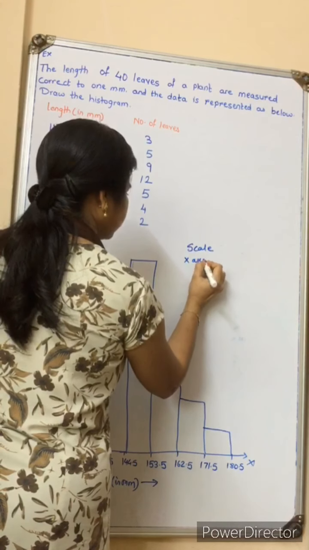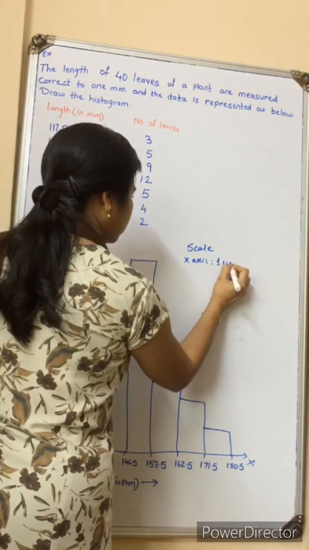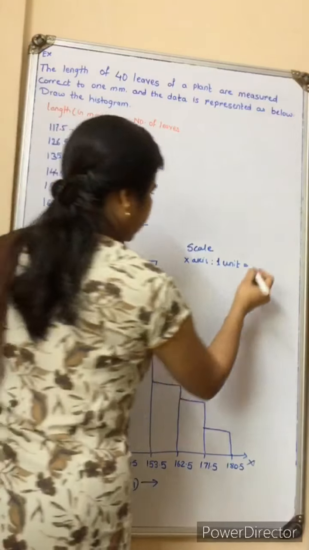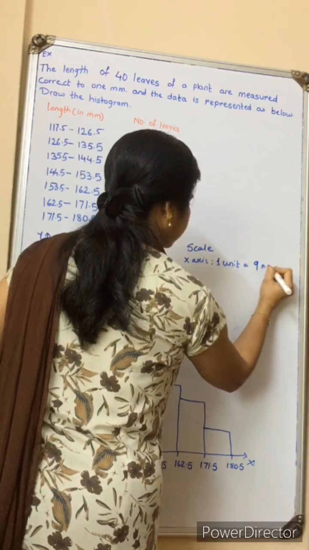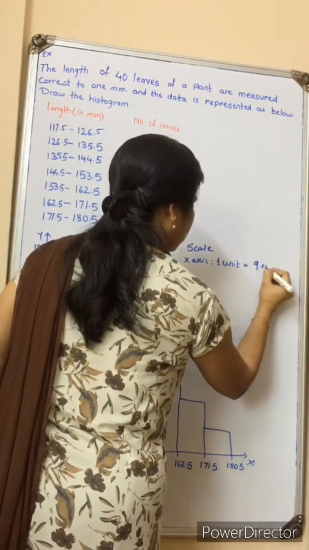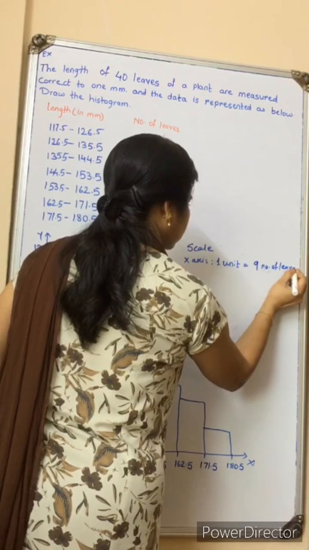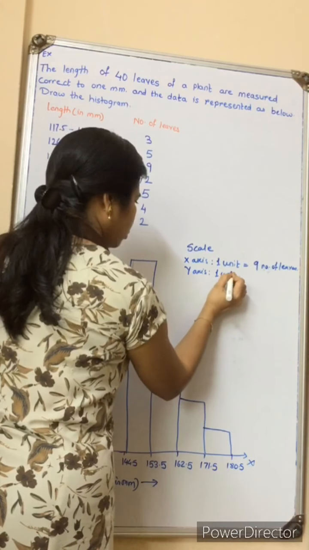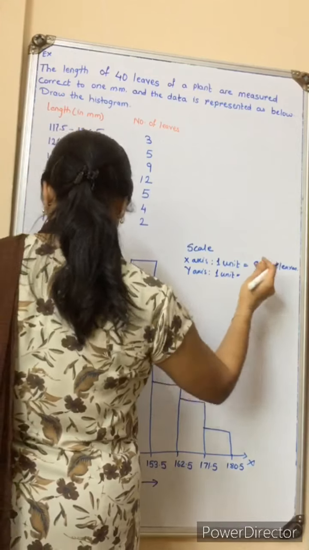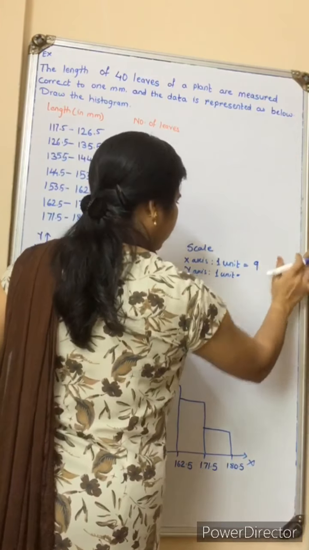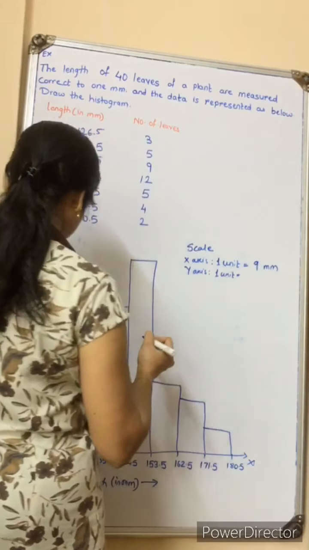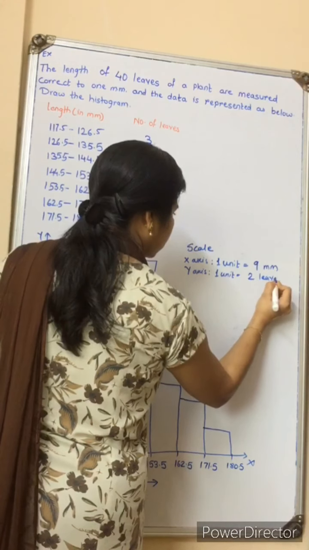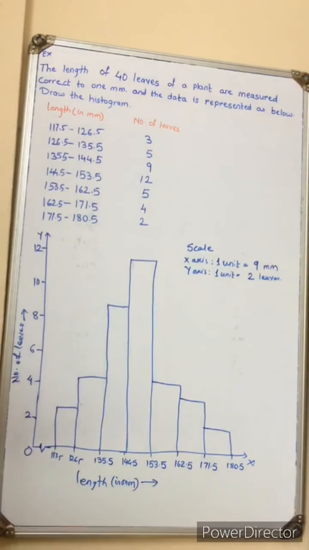On the x-axis, 1 unit is equal to 9 mm length, and on the y-axis, 1 unit is equal to 2 leaves.